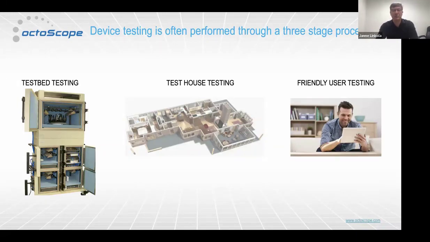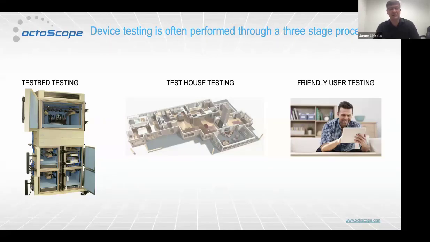All right. So what we're going to do today is talk about various testing methodologies that people use in the Wi-Fi industry. As you know, when we start getting a product ready to be launched, we typically take it through a number of different types of tests to make sure that it meets the demands of the market.